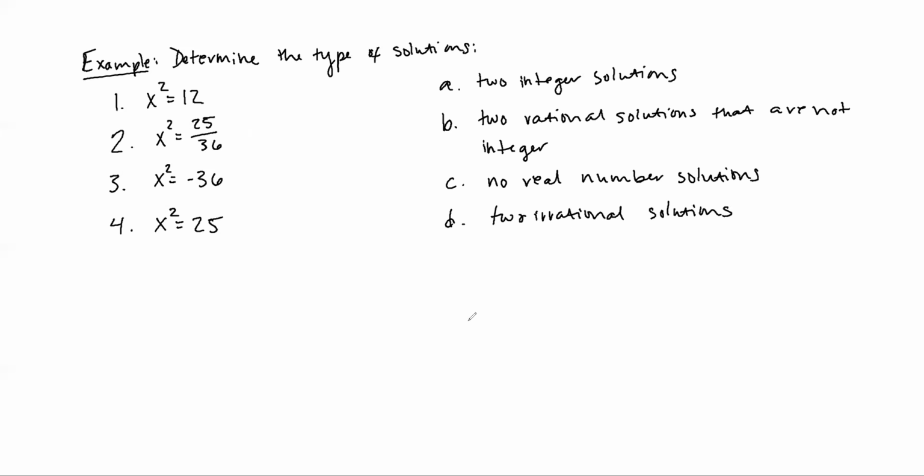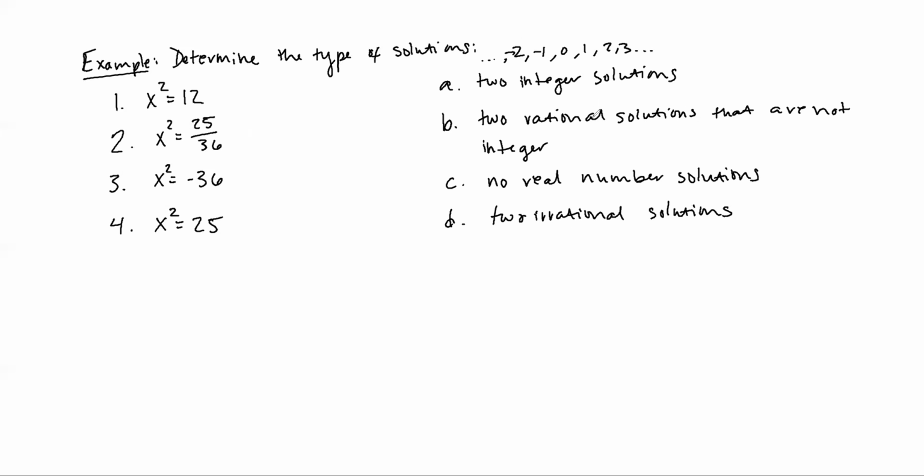All right, so first things first, let's review what each of these things means. Integer just means a whole number answer, and it can be positive or negative. So something like 1, 2, 3, or 0, -1, -2, so on. So those are integers.